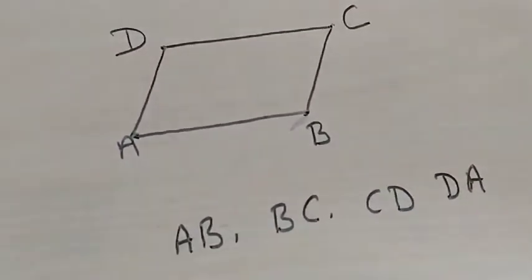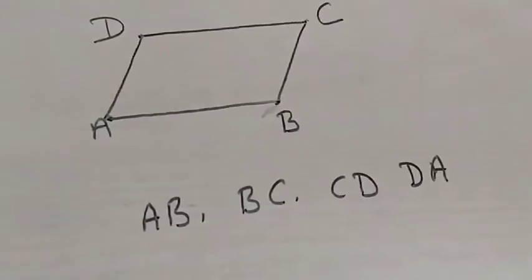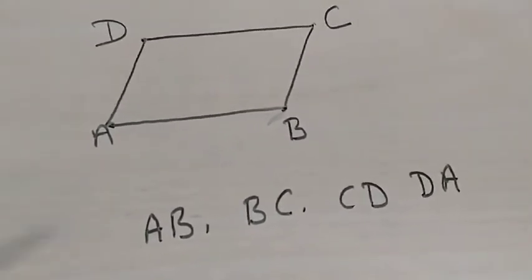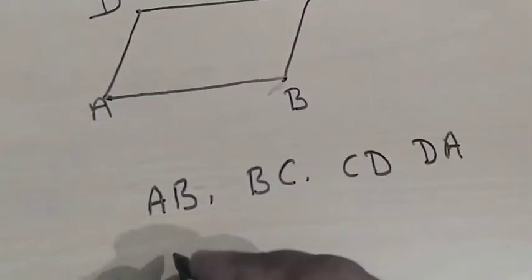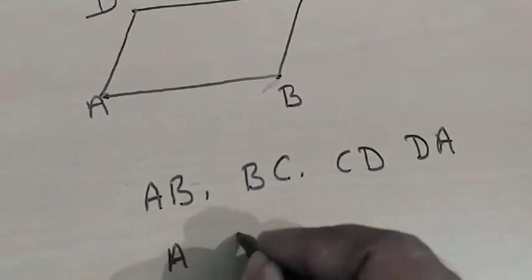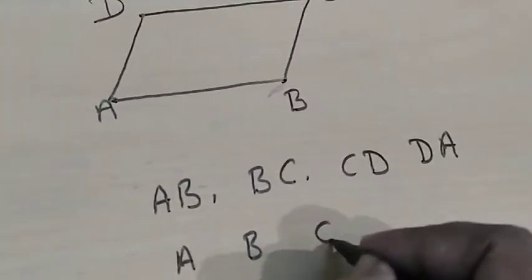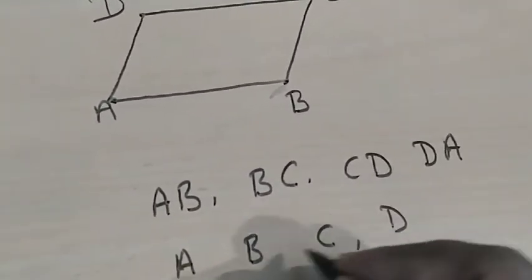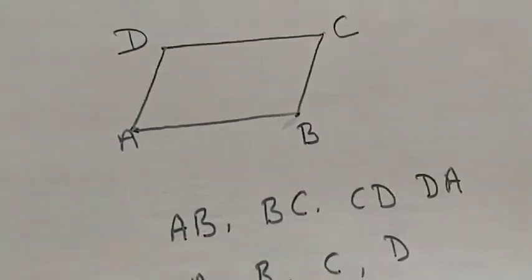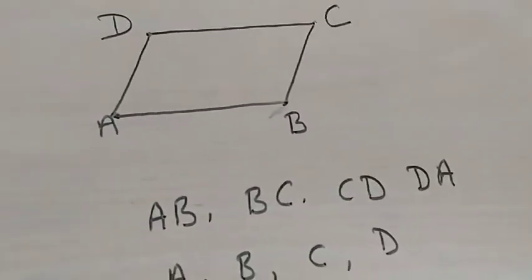These are the sides of the polygon, and the vertices you can see are A, B, C, and D.